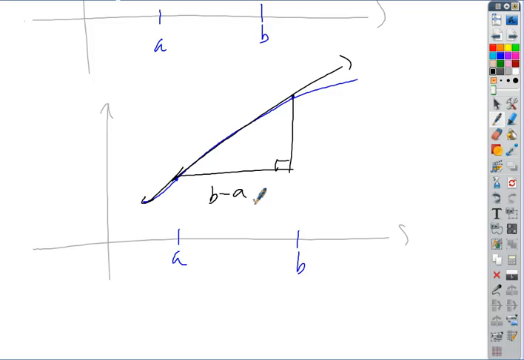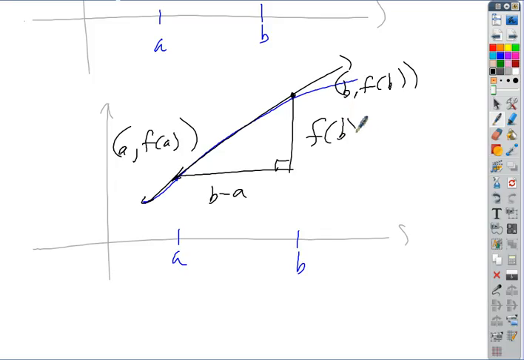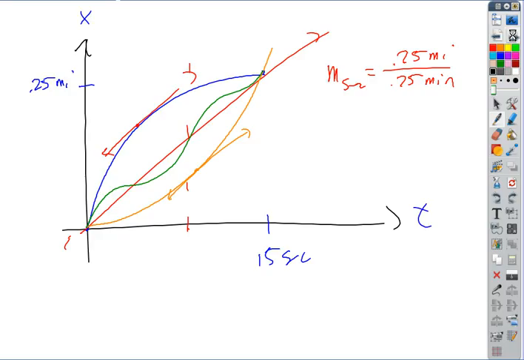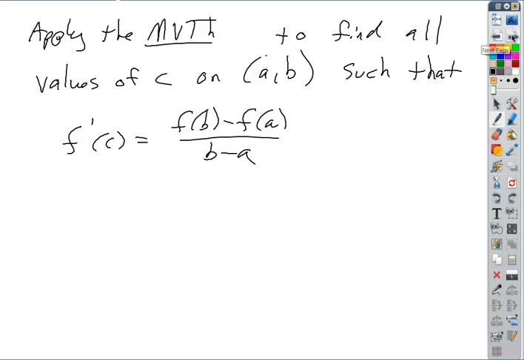Delta y is the difference in the y values: f of b minus f of a, right? Rise over run. There it is, the slope of the secant line. All I've said is where m tangent equals m secant. So that's what we want to find: all the places where that happens on the specified interval.